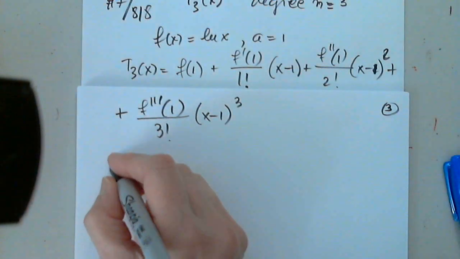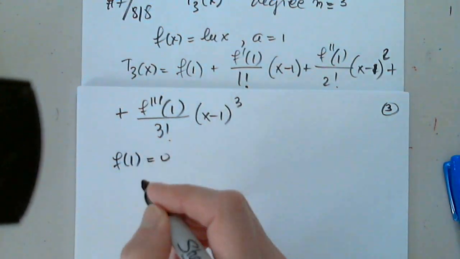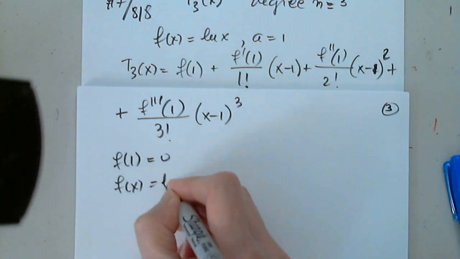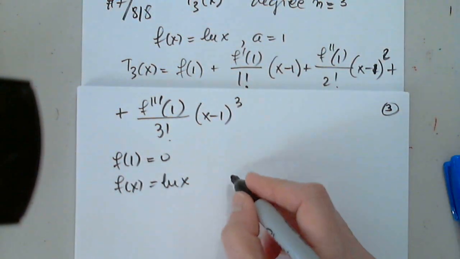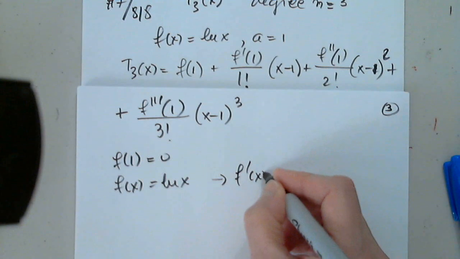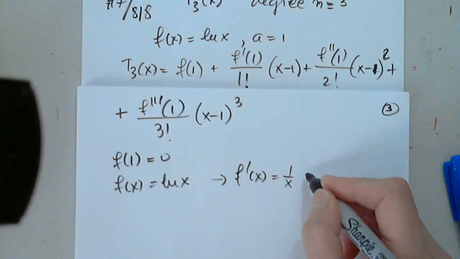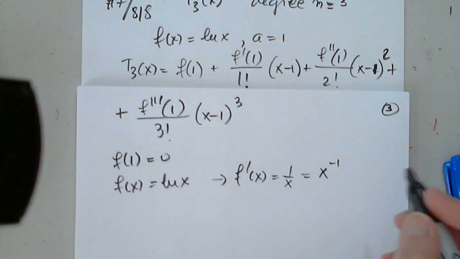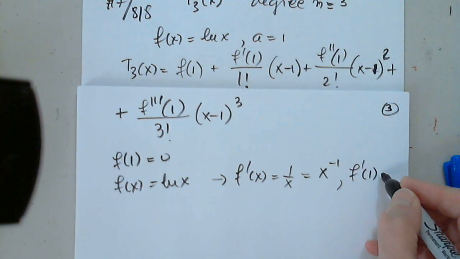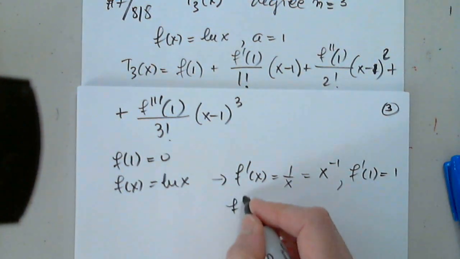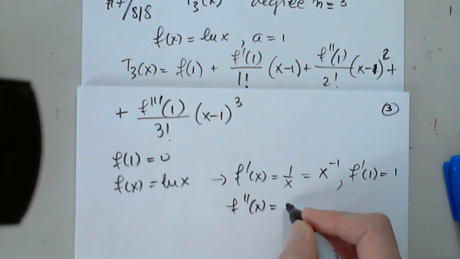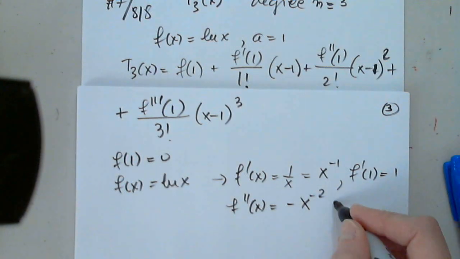So now let's find f of 1, which is 0. Again, f of x is natural log x. So from here we have f prime of x, which is 1 over x, or x to negative 1. F prime of 1 will be 1. The second derivative will be negative x to negative 2.